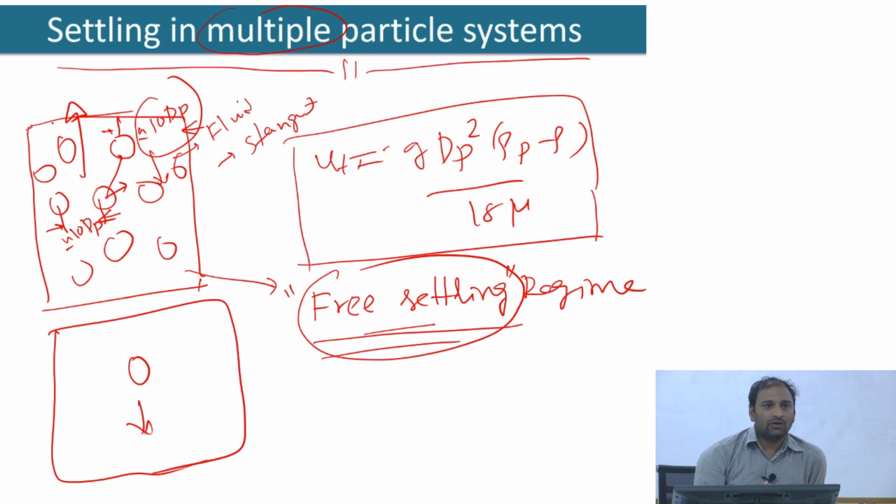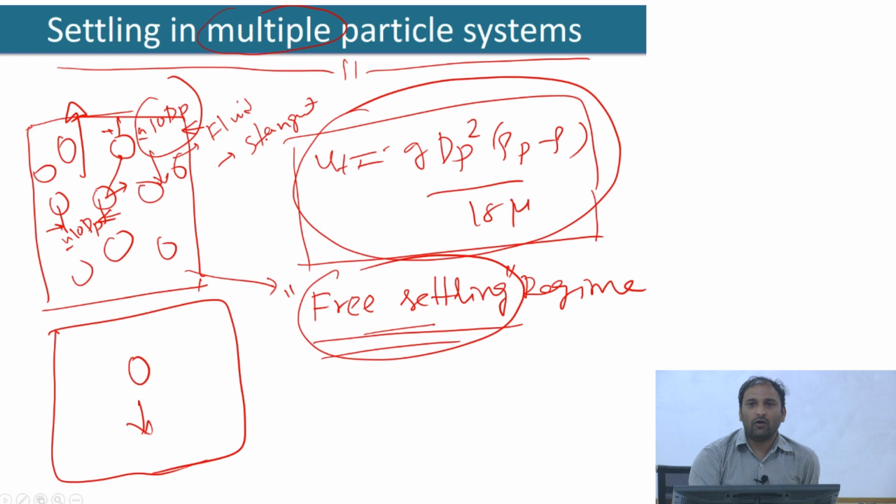And the drag for a single particle doesn't apply anymore, because the fluid around the particle is also going to be in motion. Therefore, you would have to modify the formalism that we had for the single particle case for use in a multiple particle system.